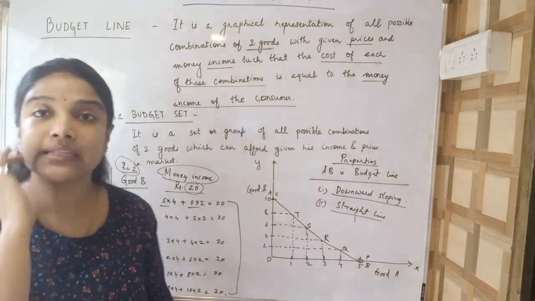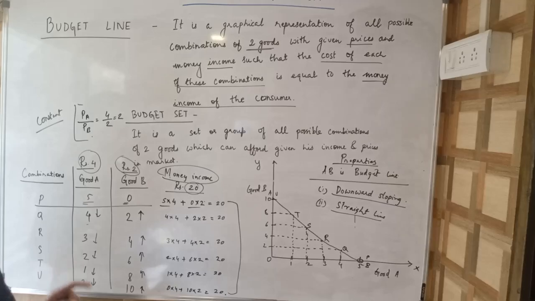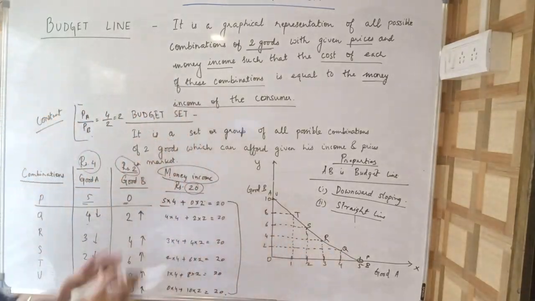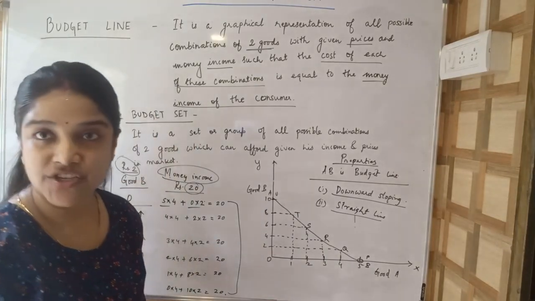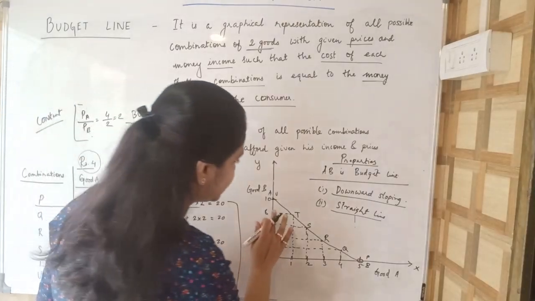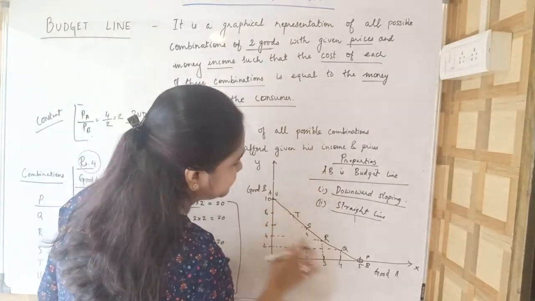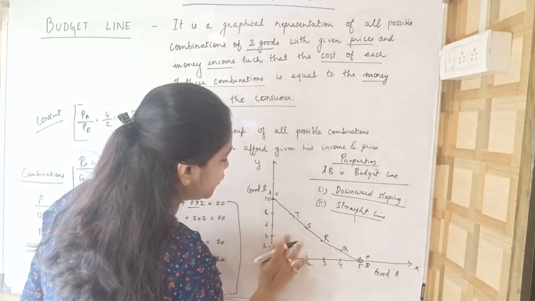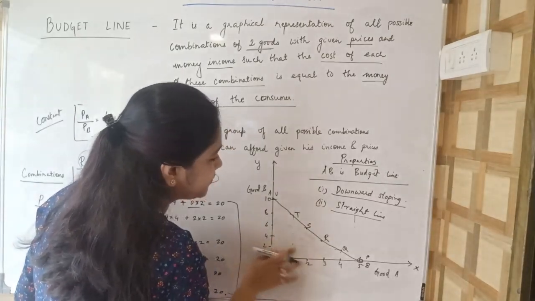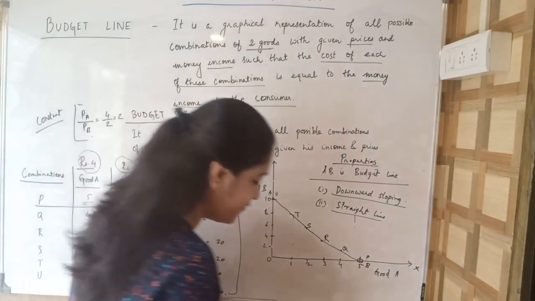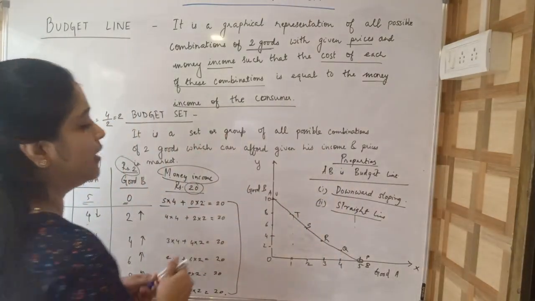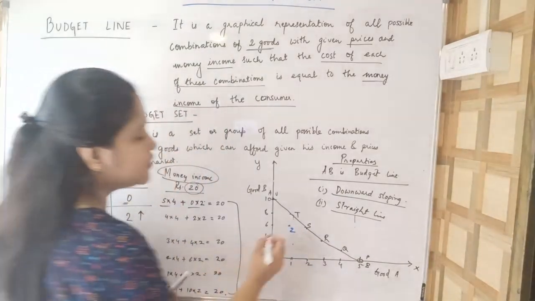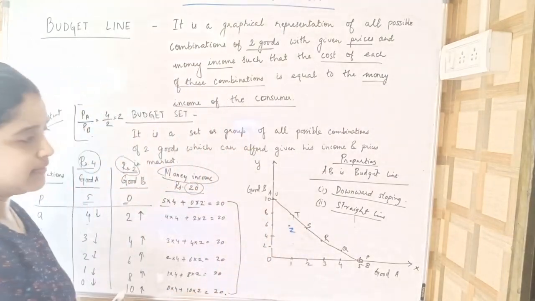Okay, so these are the properties of the budget line. Whatever falls on this budget line will fit into the consumer's budget. Now let's say, for example, we have studied about P, Q, R, S, T, U. Now let us see that we have another point here, say Z. What do we do with this point?